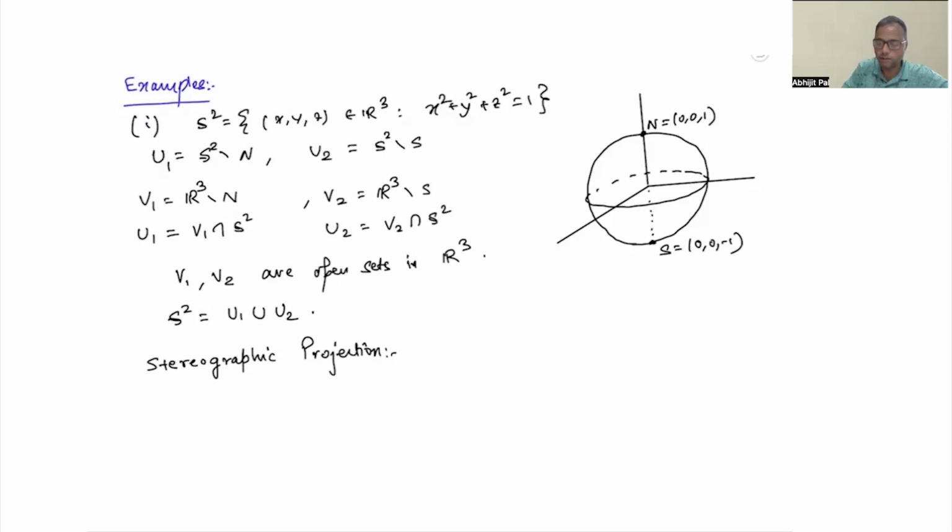Okay, so what is stereographic projection? You take the line segment starting from this north pole. It will intersect the sphere, and if you continue, it will intersect this xy plane.